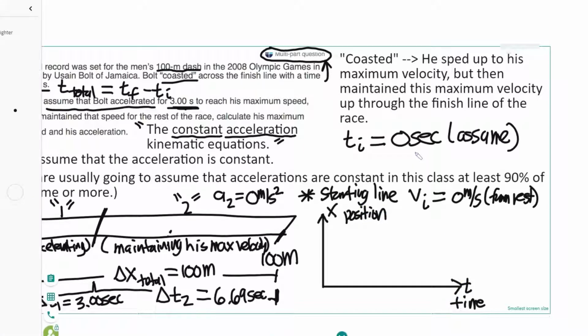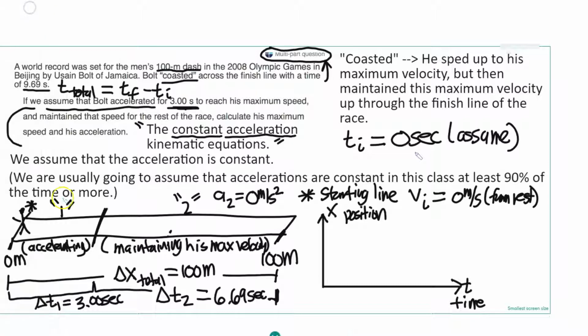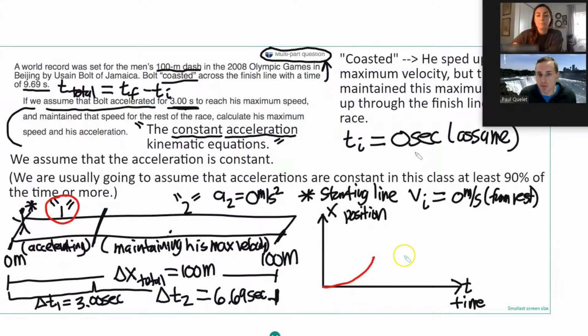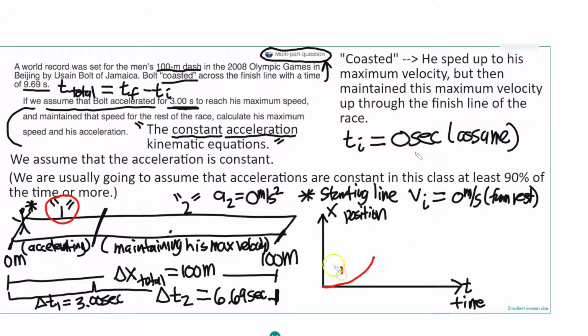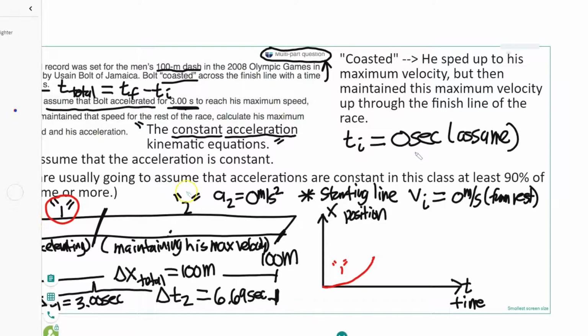Why don't I do segment 1 here in red? Segment 1 is going to look like this, where he's accelerating, right? So this is all segment 1. But then in blue, I'll do segment 2. He's maintaining a constant velocity, so he's going like this. But then we know, this is important, that right up here, this point is 100 meters, right?